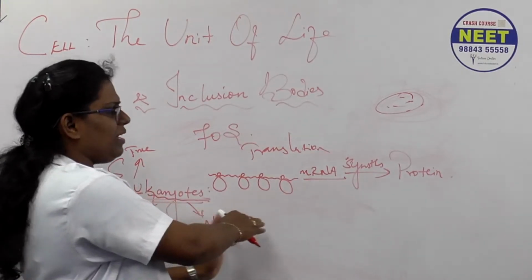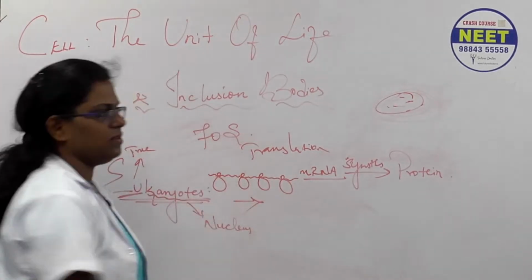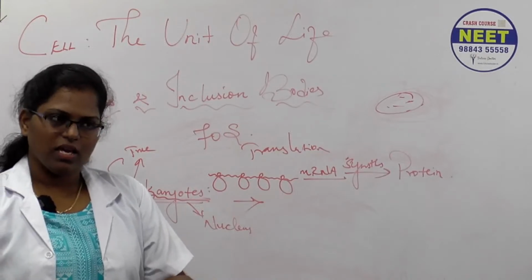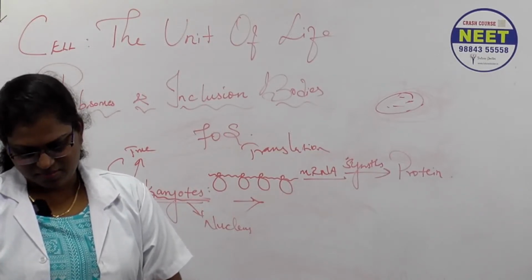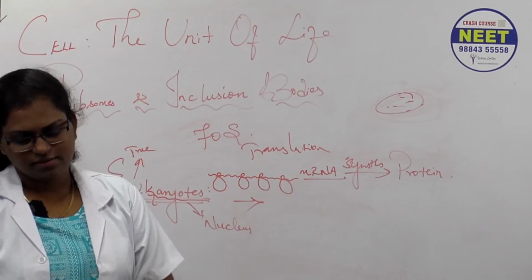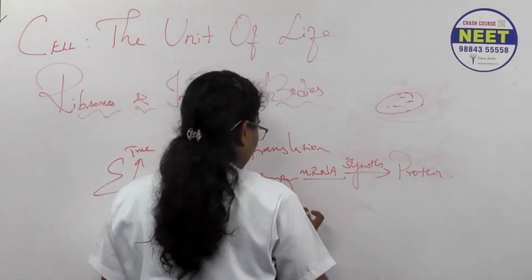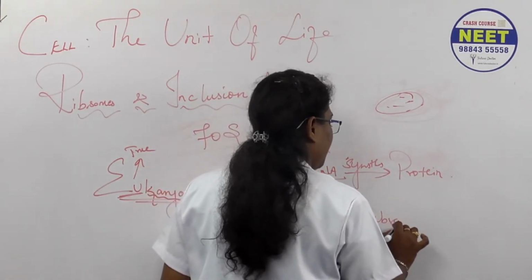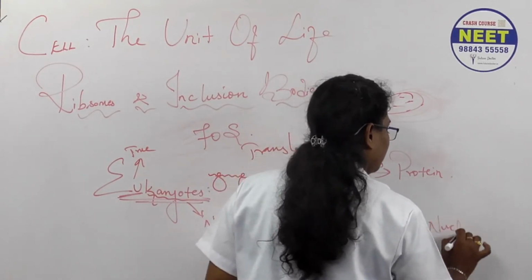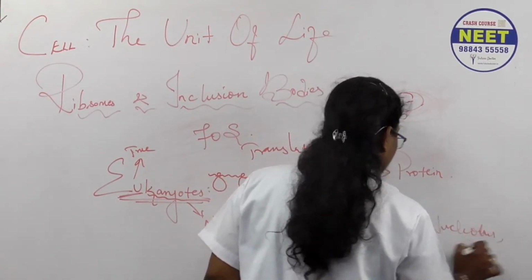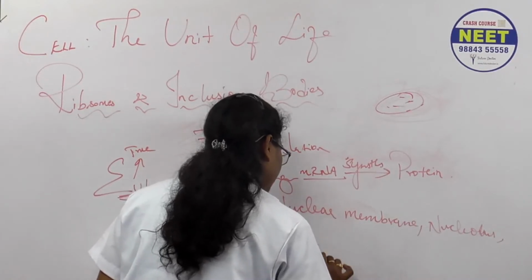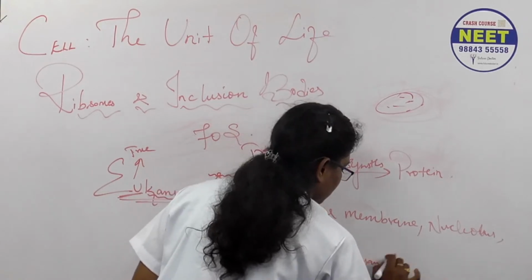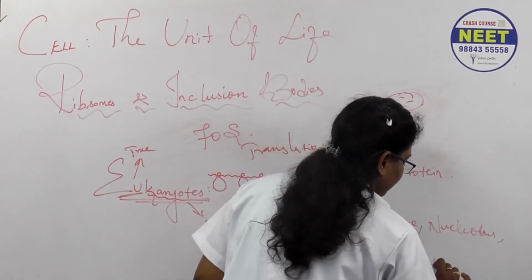In the nucleus, what are all the parts? Nuclear membrane, nucleolus, nucleoplasm. Nucleoplasm is also called chromatin reticulum.